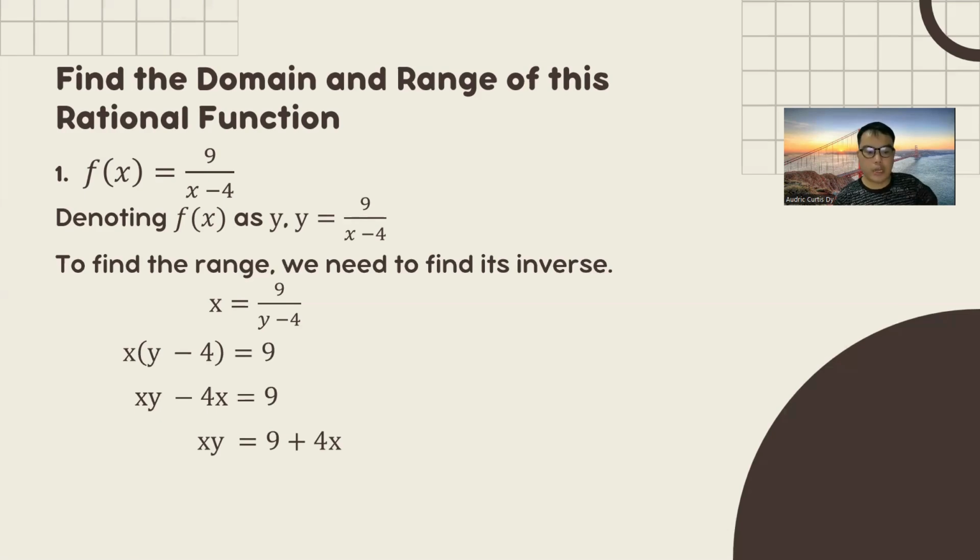Therefore, xy equals 9 plus 4x. Solving for y, we divide both sides by x. So the inverse is y equals 9 plus 4x as a group, over x.